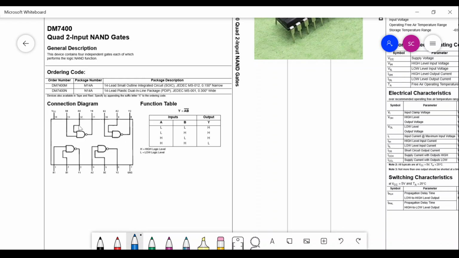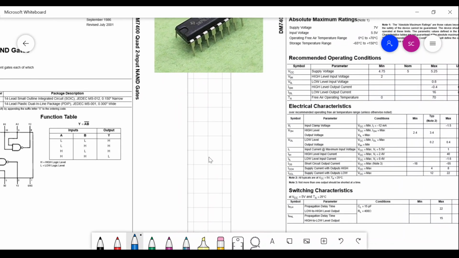That means the input terminals and the output terminals of the gates, how many gates are there in the chip, and the VCC and ground terminals. Also you see there is a truth table given of this, or this is called the function table, which is the same as a truth table. It is written in low high sort of a convention, not with 0 and 1s.